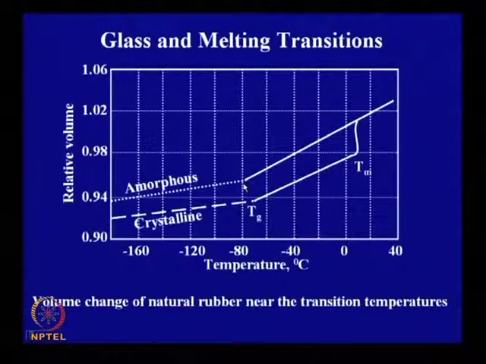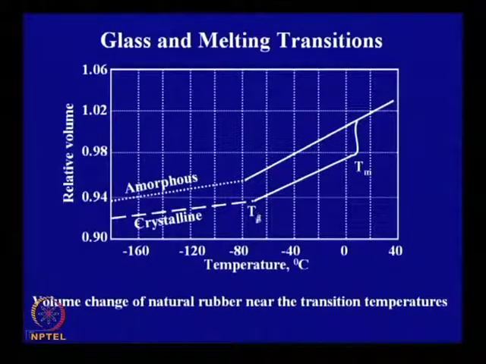For a semi-crystalline polymer, since it contains some crystallites dispersed in amorphous matrix, one can visualize two types of transitions. One is glass transition and the other is melting transition.